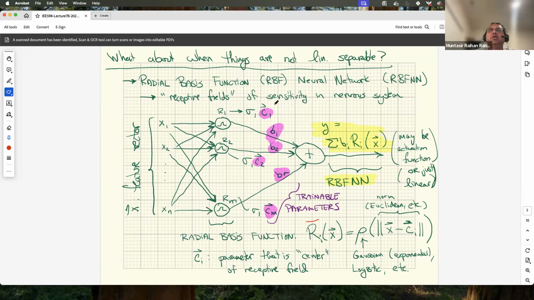Just like most other neural networks, like Hebbian learning and perceptrons, there is a neuroscientific basis for radial basis functions. I'm not going to delve too much into that, but radial basis functions in some sense model receptive fields of sensitivity in nervous systems.